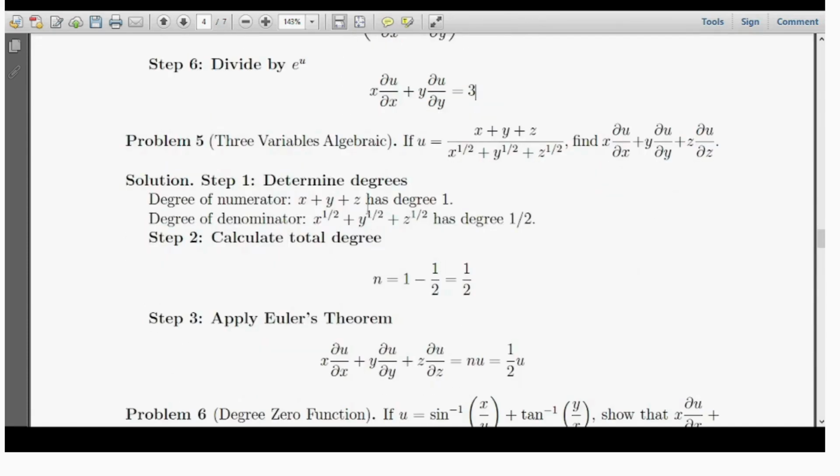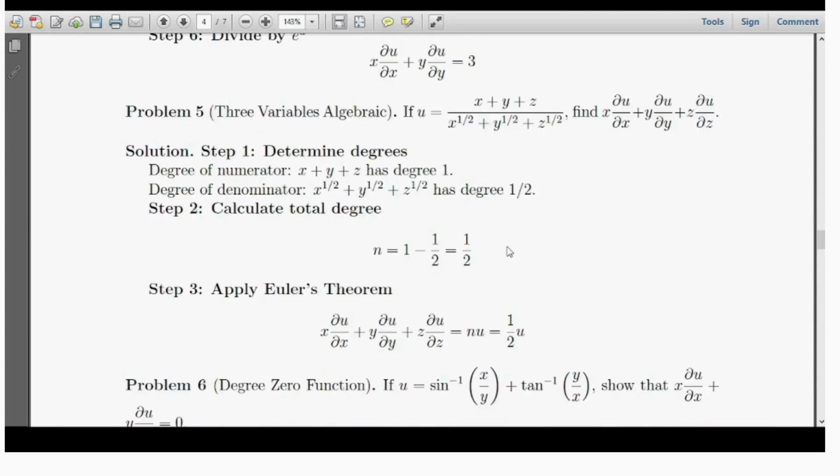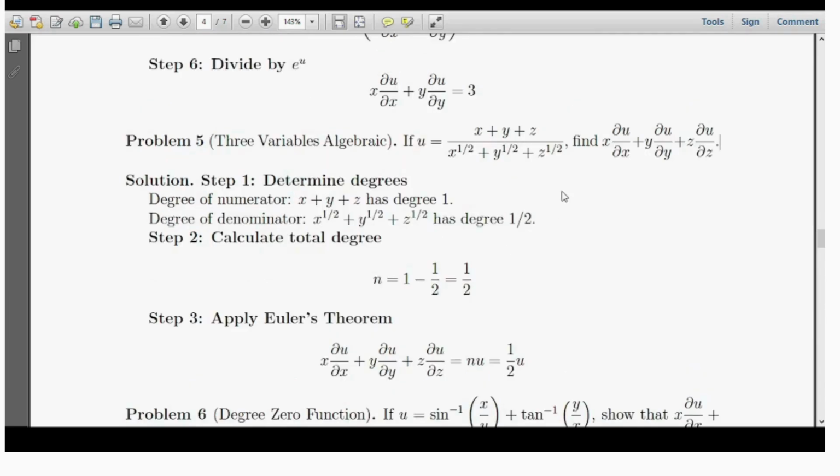So this is a problem regarding 3 variables, algebraic. Since u equal to (x plus y plus z) by (square root of x plus square root of y plus square root of z), find x dou u by dou x plus y dou u by dou y plus z dou u by dou z. Here we will apply Euler's theorem for first order partial derivatives of 3 variables x, y, z. This is f of x, y, z by g of x, y, z.